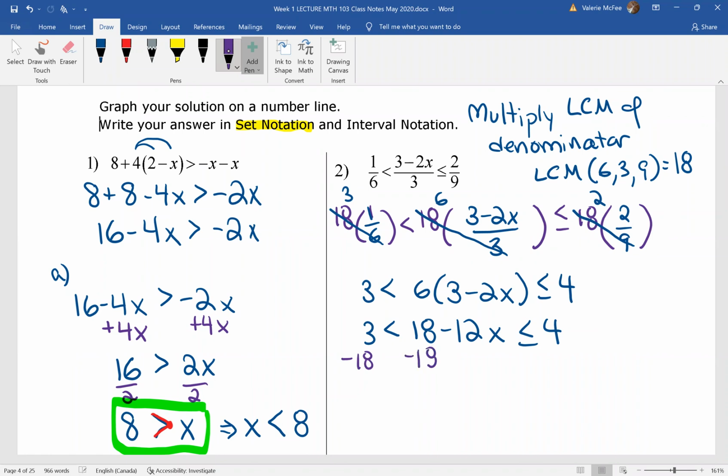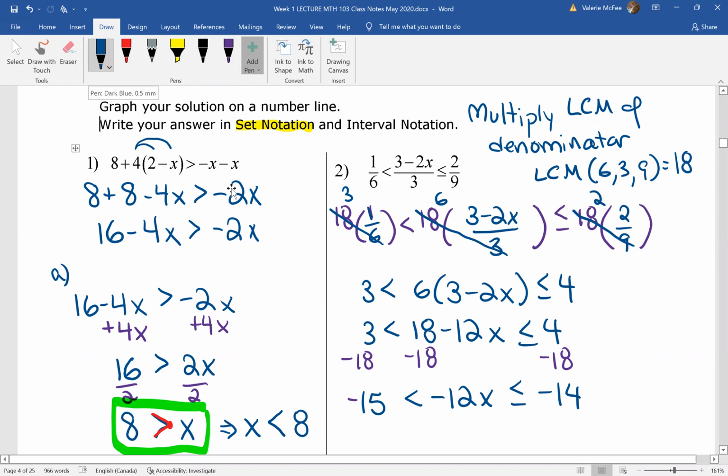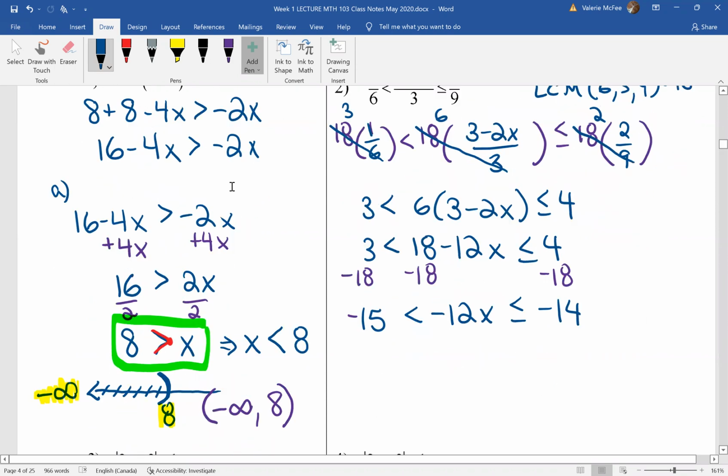Remember, when we subtract 18, the signs don't change. And in fact, if I look at that negative 15 and negative 14, negative 15 is less than negative 14. It is to the right, or sorry, to the left on the number line.